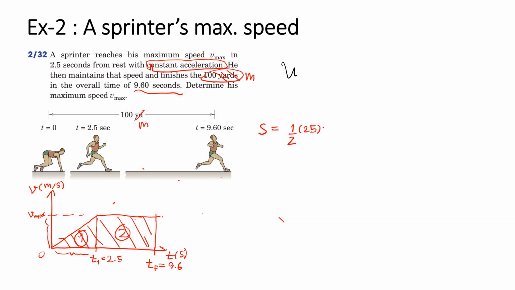The vertical length we still don't know, but it is V max. And for the second region, the area is equal to the area of the rectangle. So it should be the time 9.6 minus 2.5 multiplied by V max.